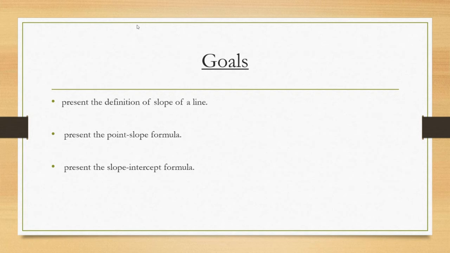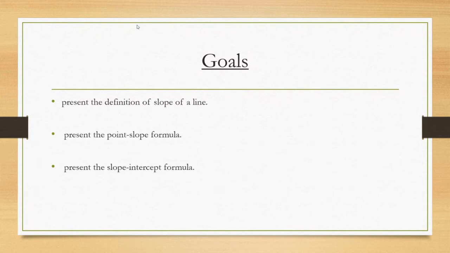Lines are graphs of equations, basically equations in the variables x and y, but x and y each only have one to the power of 1. You'll see what I mean, though. You can write that equation in point-slope form, or you can write it in slope-intercept form. Point-slope formula and slope-intercept formula, in other words.